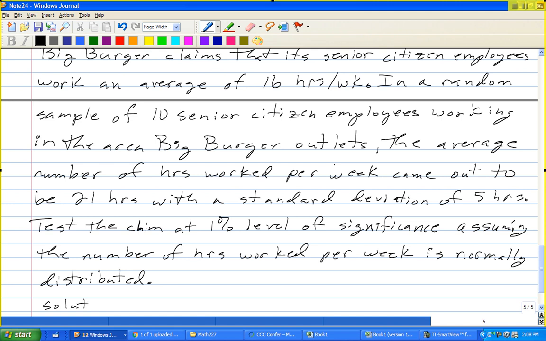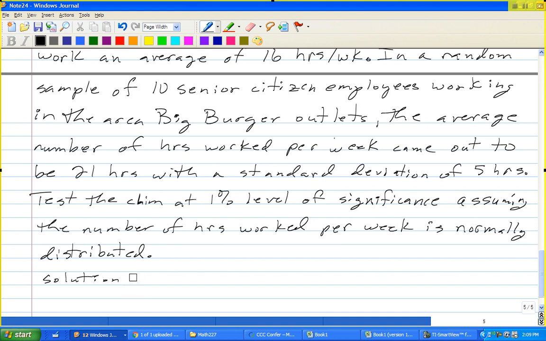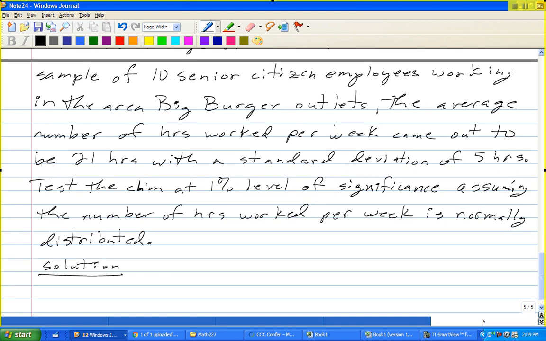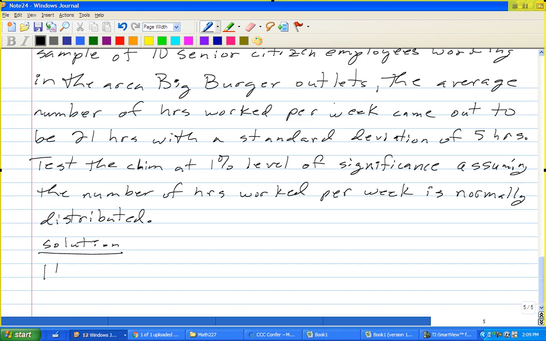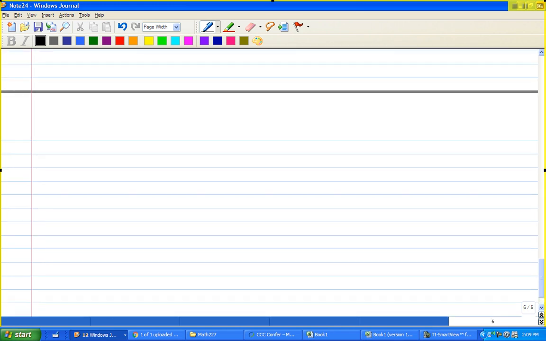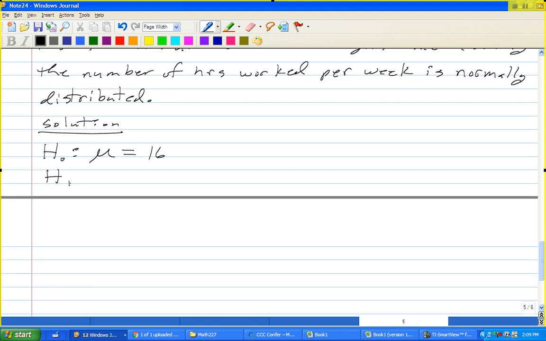Okay, so let's do this. So the null hypothesis. The claim is that they work an average 16 hours per week. So the null hypothesis is that the mean is 16 hours per week. The alternative hypothesis is that it is not 16 hours per week, and we want to do this at the 1% level of significance. Okay, good.